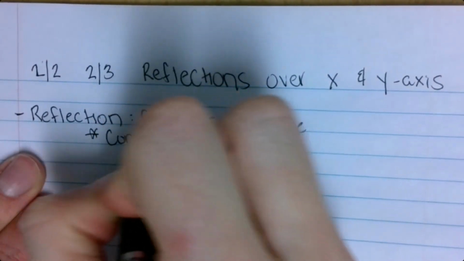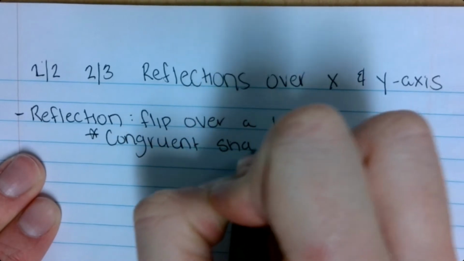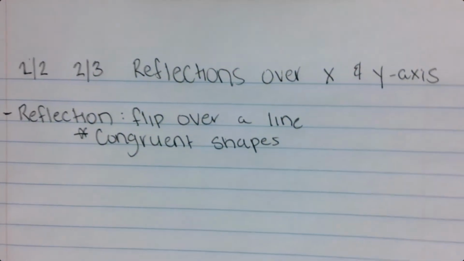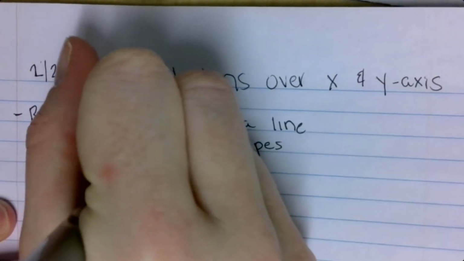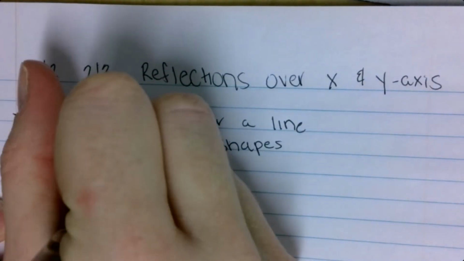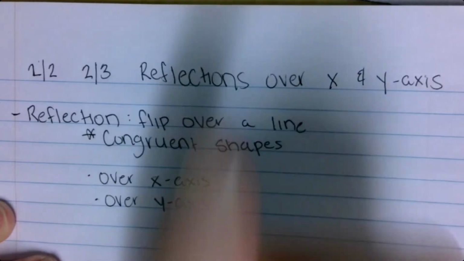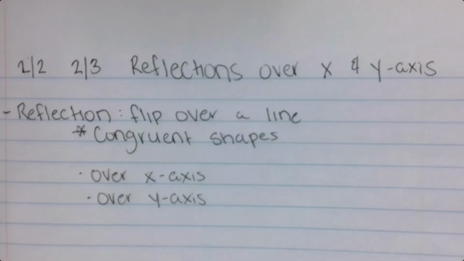They are congruent shapes, points, whatever you want to call it. And again, we are specifically looking at over the x-axis and over the y-axis.